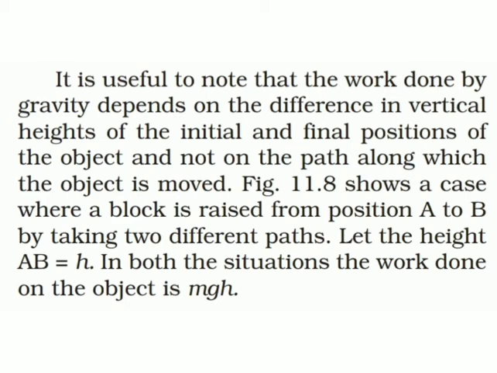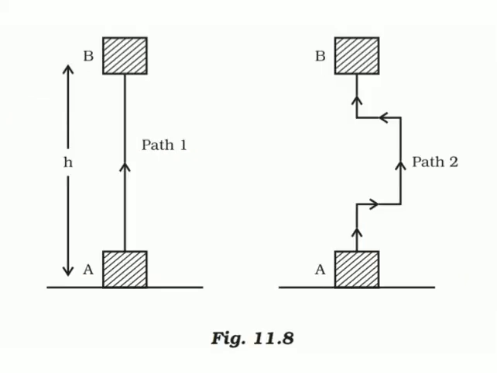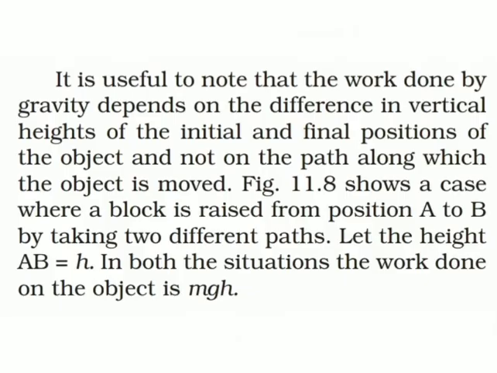For example, let one object move in a straight path and reach the height h. A is the initial position and B is the final position. Consider another object that follows a different path but reaches the same height h.